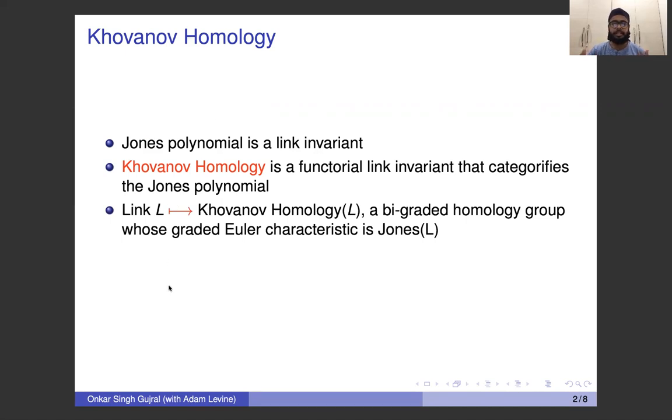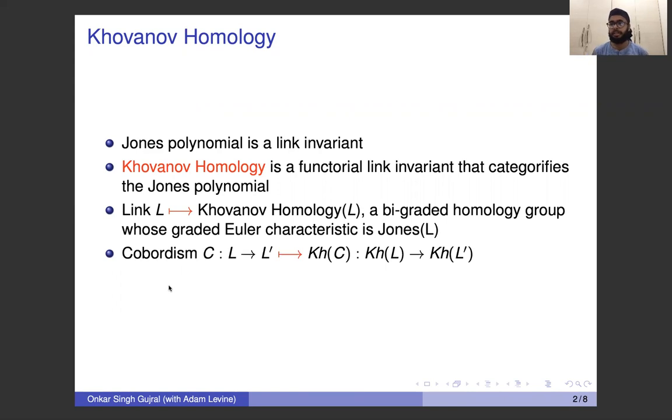So the Khovanov homology takes as input a link L and produces as output the Khovanov homology of L. Now this is a bi-graded homology group, as opposed to the Jones polynomial, which was simply a polynomial. However, from this bi-graded homology group, you can take the graded Euler characteristic, and upon doing so, you will have recovered the Jones polynomial. So this is why we know the Khovanov homology holds at least as much information as the Jones polynomial.